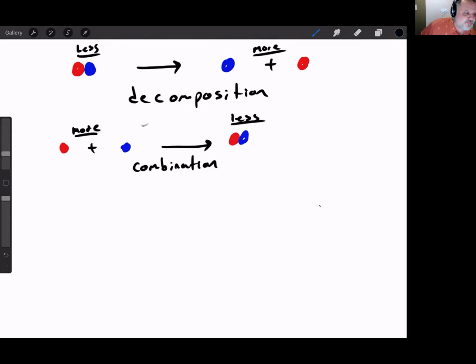Remember, the different colors correspond to different elements, but I can use those elements to make compounds. If I have a molecule that decomposes, then it's going to break up and become more particles. If I want to combine particles together, then I have more particles that come together and form less. Yes, combination is the same as synthesis.